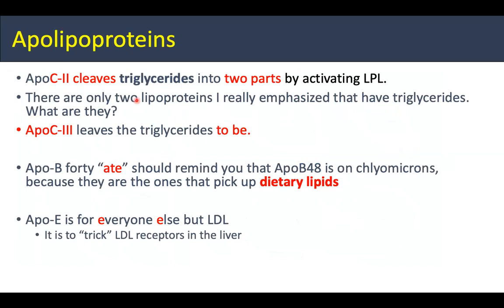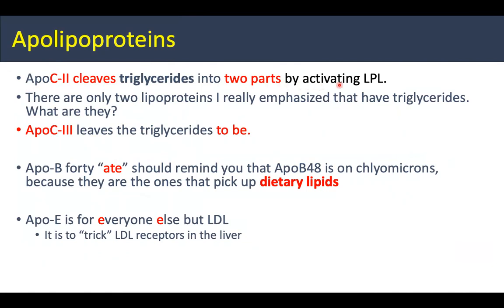Okay, so moving on with the apolipoproteins, I have some more mnemonics, and I'll test you guys on this later as well. So for ApoC2, what I want you guys to know is that the C is for cleaves, and the 2 is that it cleaves triglycerides into 2 parts. So ApoC2 cleaves or cuts triglycerides into 2 parts, okay?